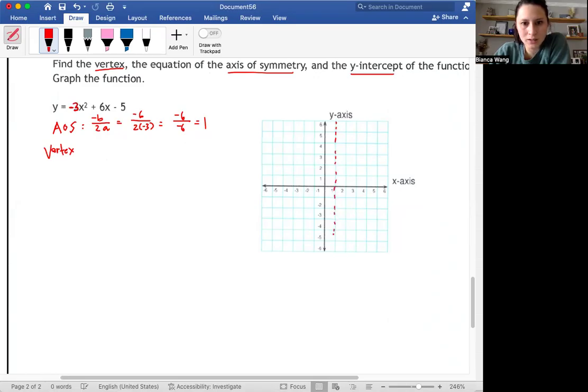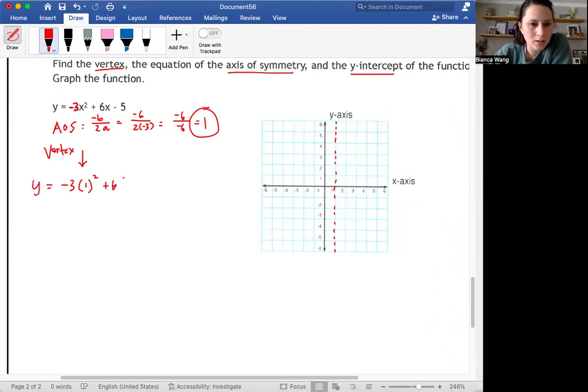And then to find the vertex, you would use that one that you just found. And that is the X value, right? So to find it, you would replace your X value with +1. And that will help you find the Y.